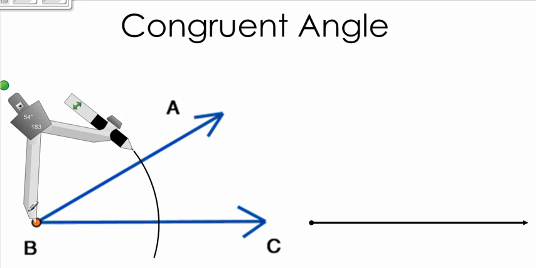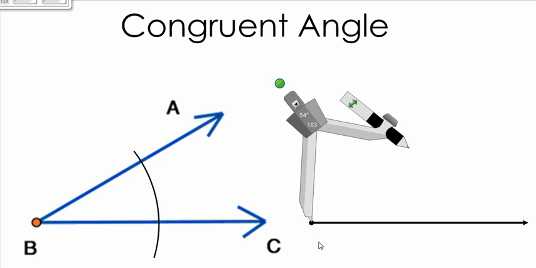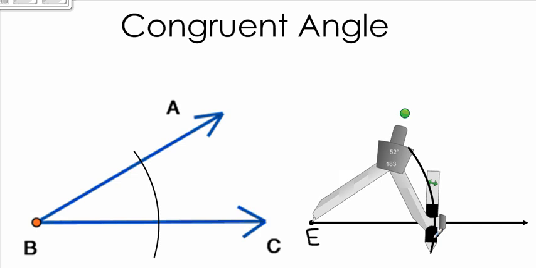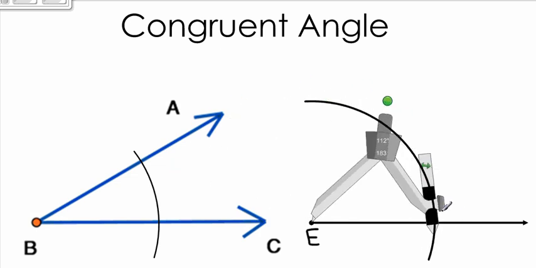And then without changing my compass, I'm going to move my compass to point E over here. That's what I'm going to label this point, point E. Okay, and I'm going to draw the exact same arc mark, but I'm going to make sure it stretches up past my point E so I know that it's long enough.